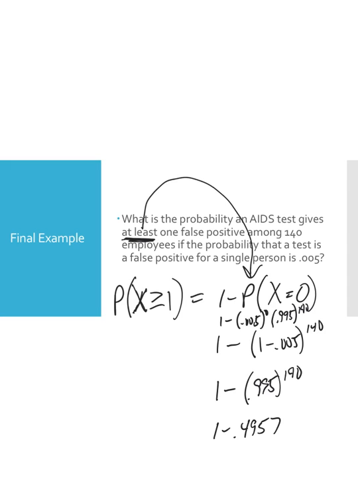So that means in a group of 140 employees, with a test that's 99.5% accurate, there's over a 50% chance that somebody would be told that they have AIDS when they actually do not, even though the test is that accurate. And so it's a bit alarming.